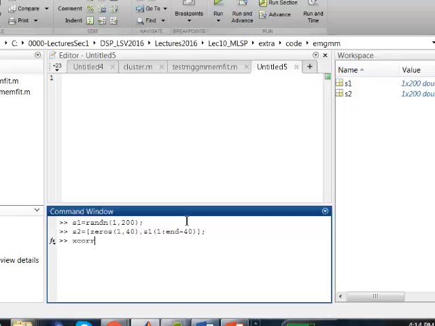Then you calculate the cross correlation between the two and plot it, so let me use the subplot.